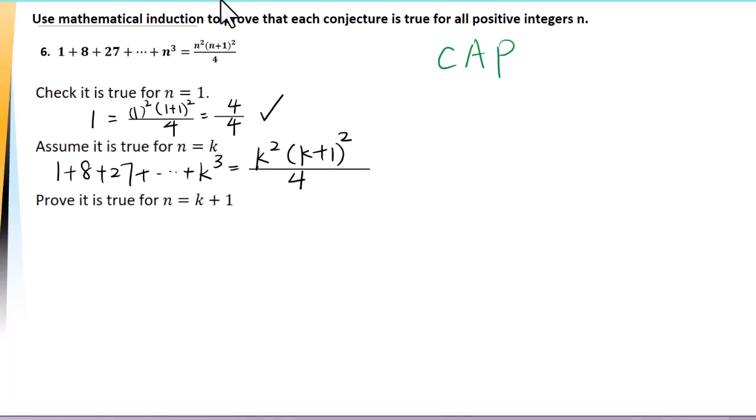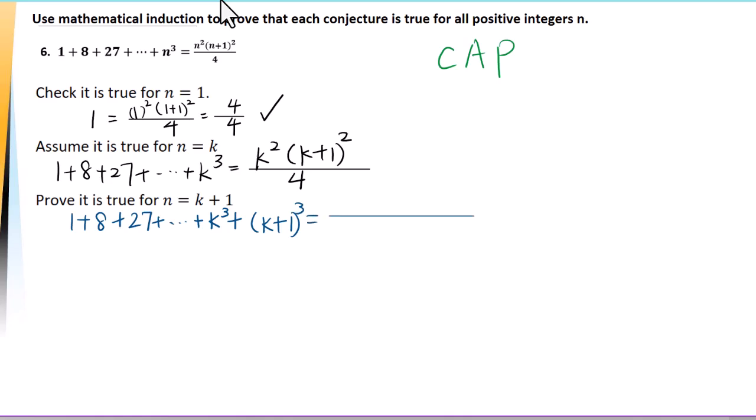Prove it's true for n equals k plus 1: 1 plus 8 plus 27 plus ... plus k to the third power, then you need to add the k plus 1 term, which is (k plus 1) to the third power, equals.